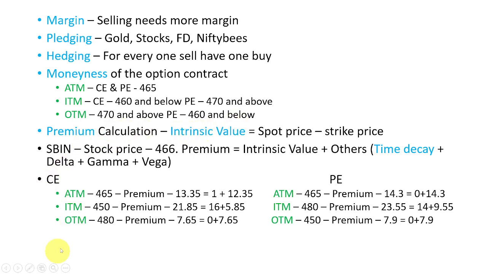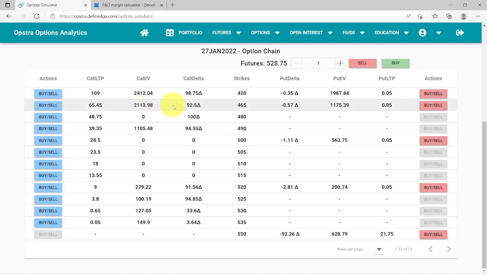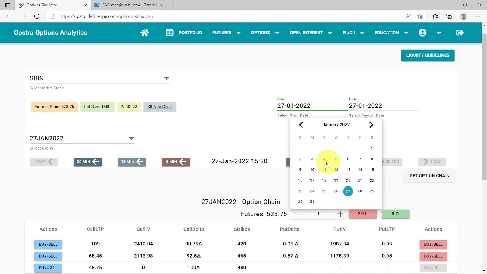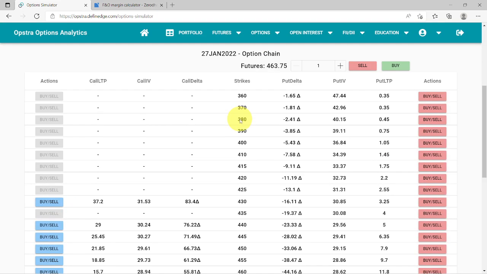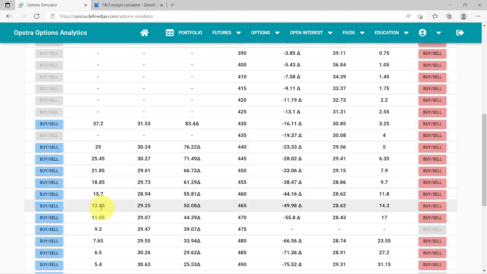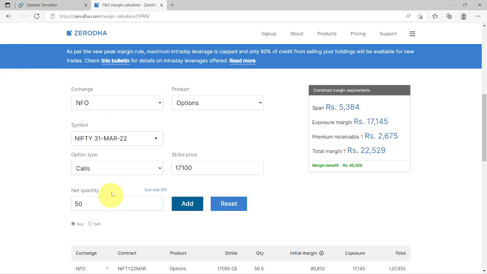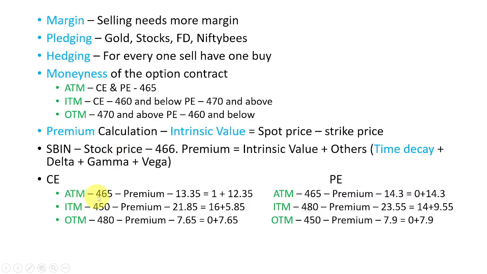Let's just see the last part of this slide in the example. I've given a call option of 465. So if you see the January 465 call option, the price was 13.35. So this 13.35 is the premium.